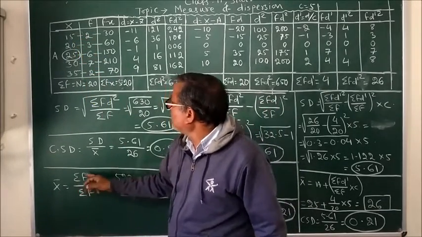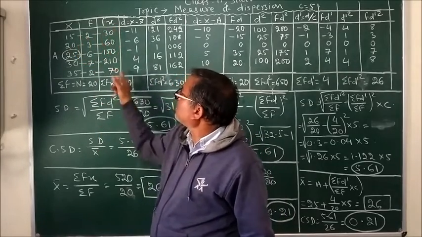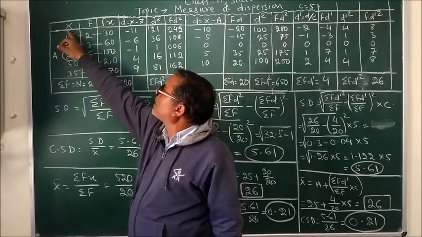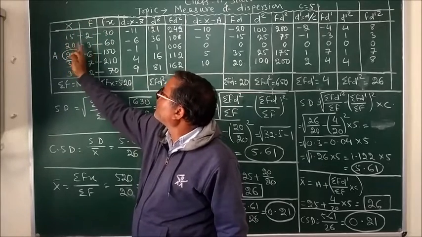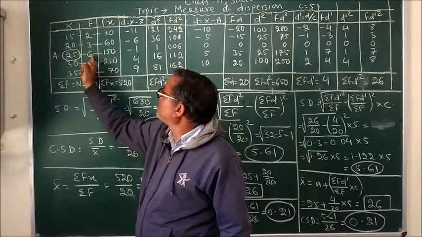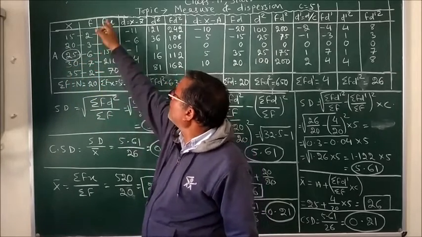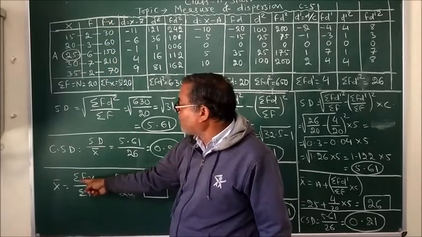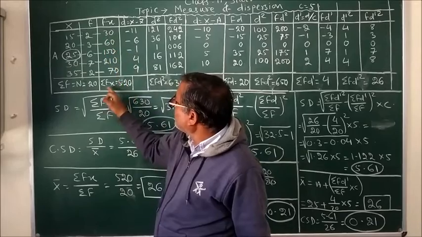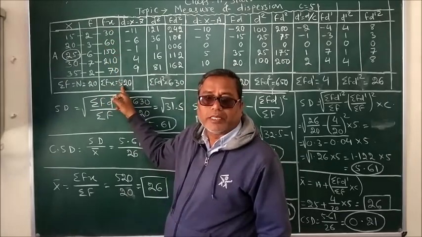So for summation fx, we have to make another column, that is fx, multiplying x with f. You see, 15 times 2 is 30, 20 times 3 is 60, 25 times 6 is 150, 30 times 7 is 210. In this way, we found the fx column, and because we need summation fx, at last we found the sum of all fx, that is 520.